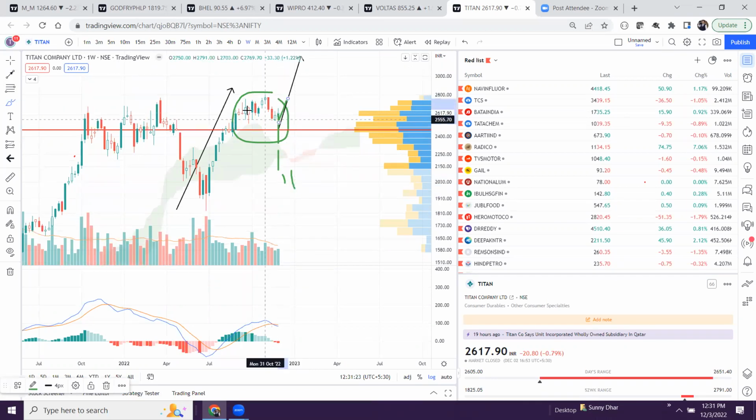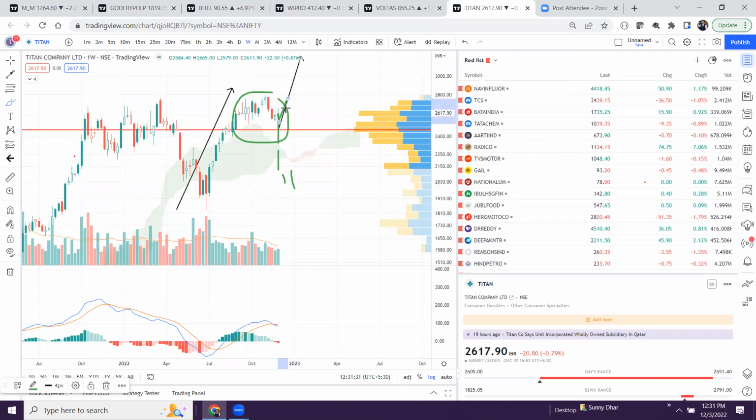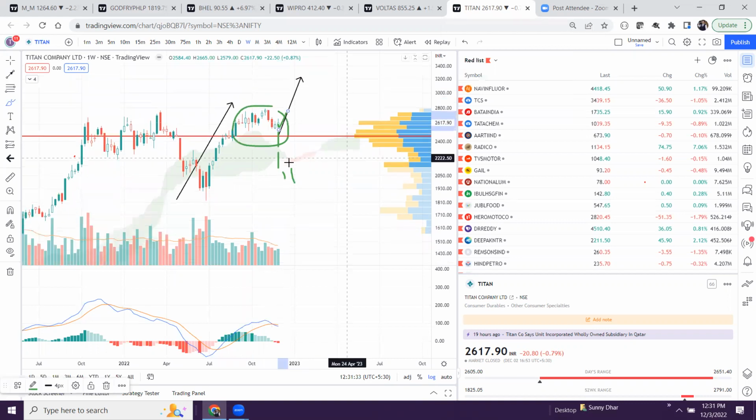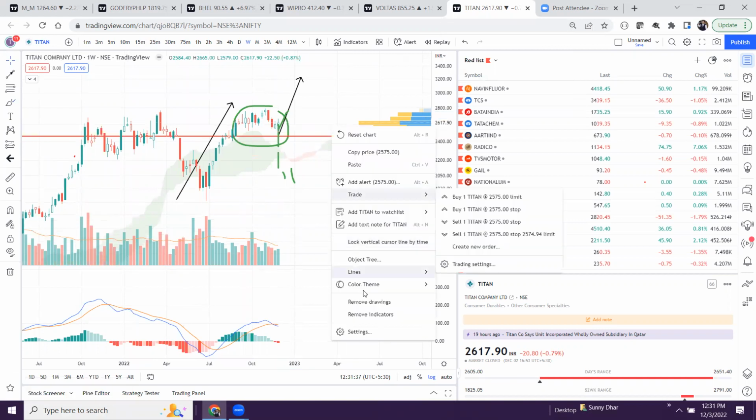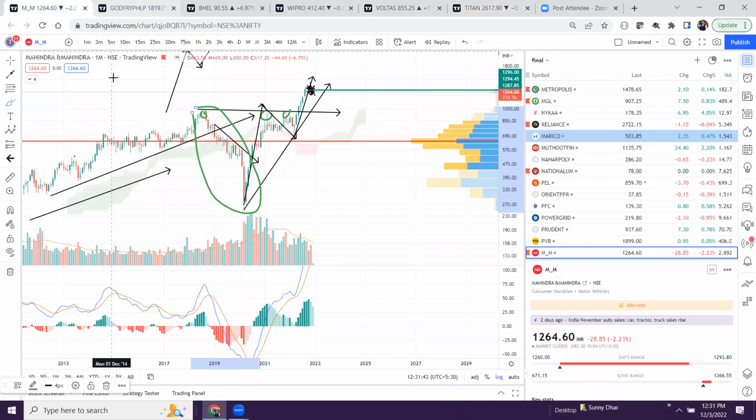But at this moment it looks exactly similar, and suppose you start getting this up move in this, then you know that the impulse has started in this, right?